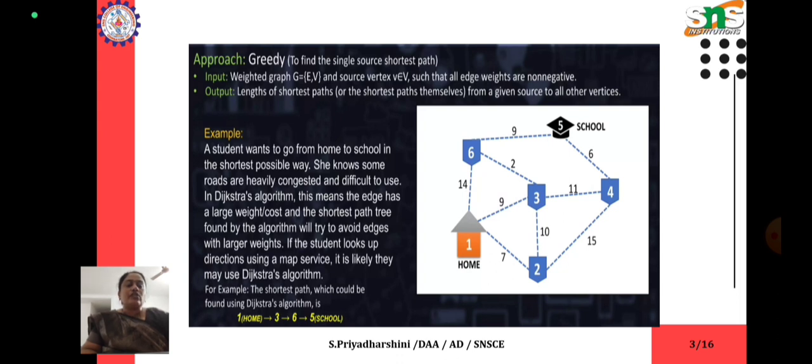If the student looks up directions using a map service, it is likely that they may use Dijkstra's algorithm. For example, the shortest path which could be found using Dijkstra's algorithm for this particular diagram would be from home to 3, 6, 5. So she can reach the school.